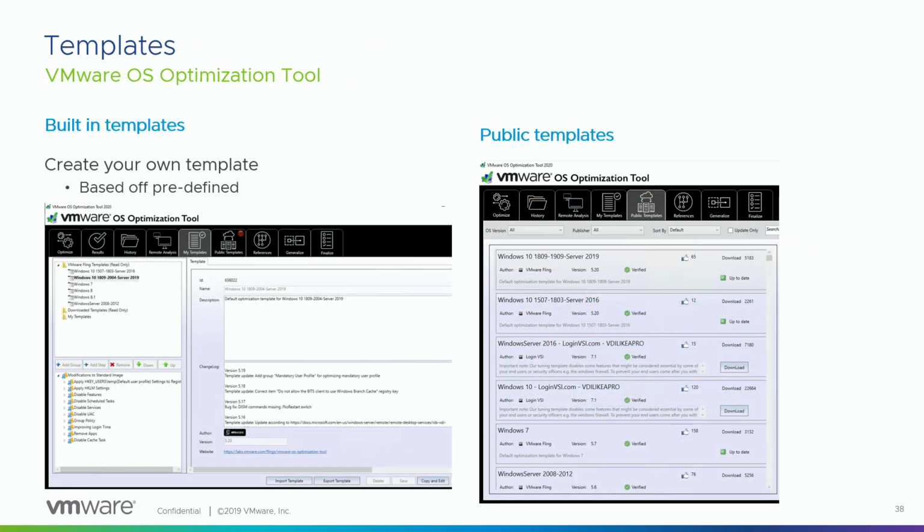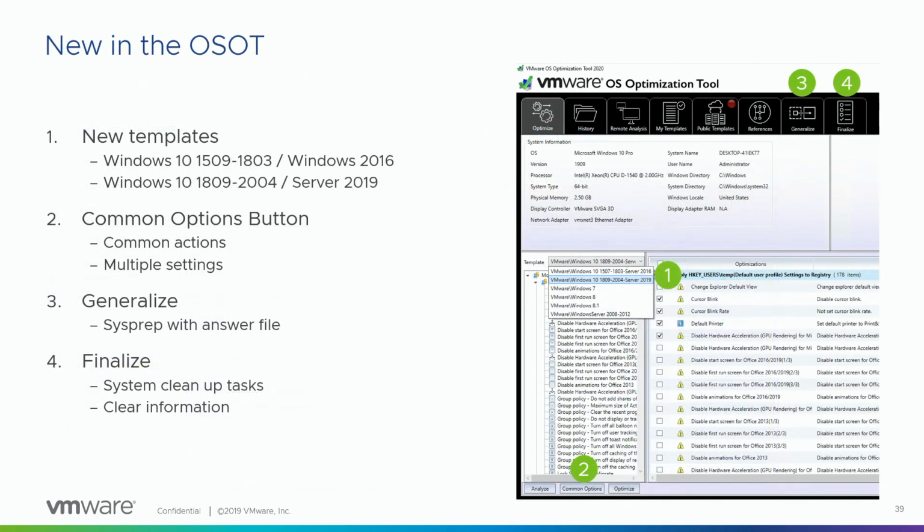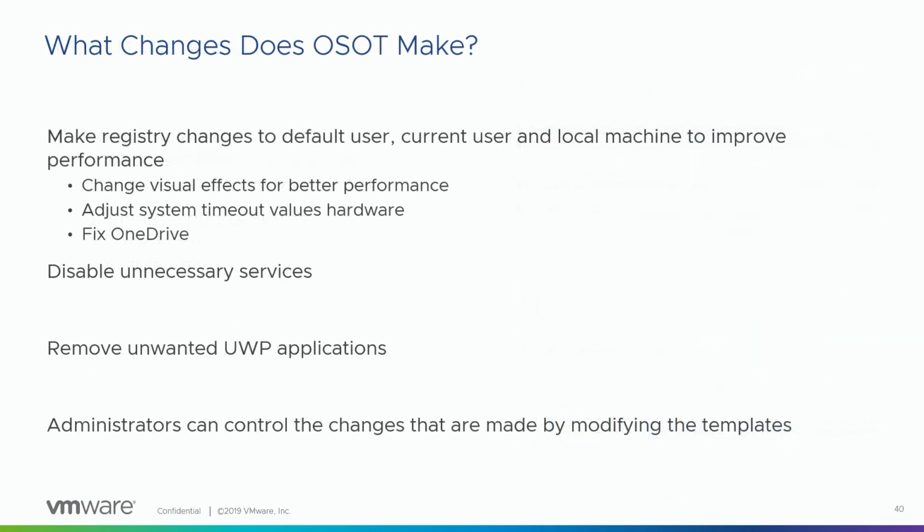So we have templates, including a marketplace where you can pull templates down. We also have some predefined templates. And in the latest releases, we have dedicated templates for different versions of Windows 10. All right, so OSOT will go through. It will clean up, it will change visual effects, fix the OneDrive installer issue, change some system hardware timeouts.